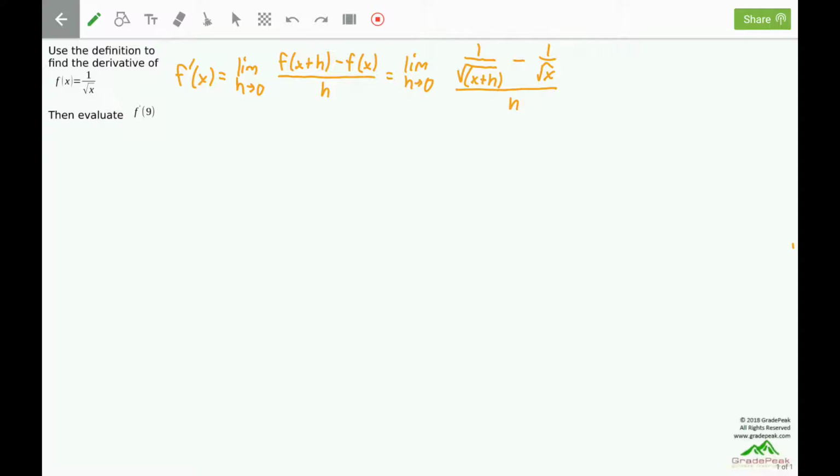We have a denominator of root of x plus h and a denominator of root x. The common denominator will be the two multiplying each other.